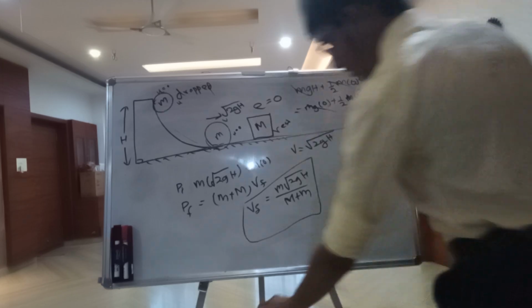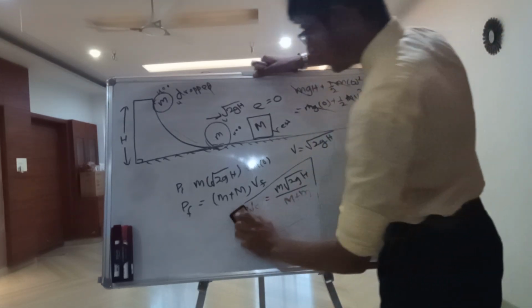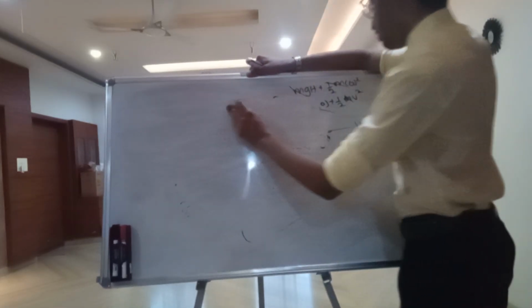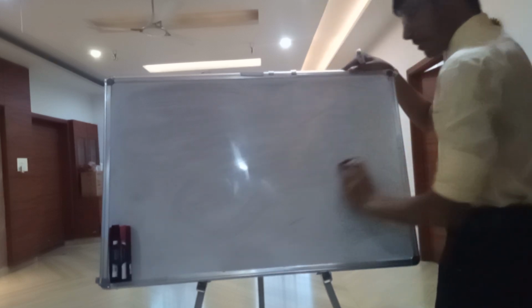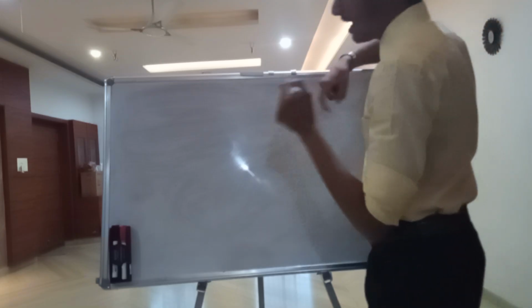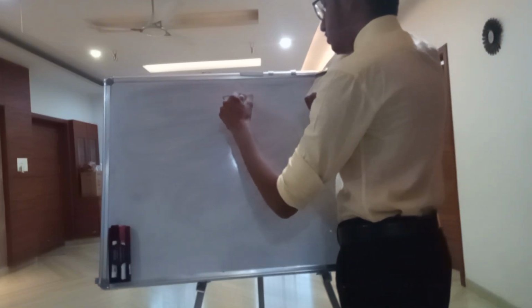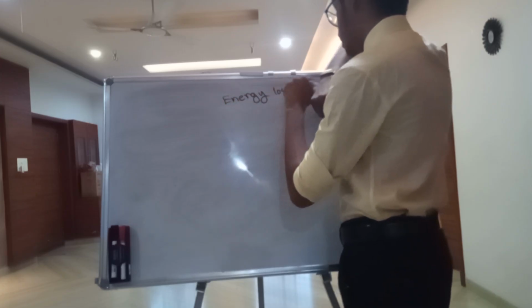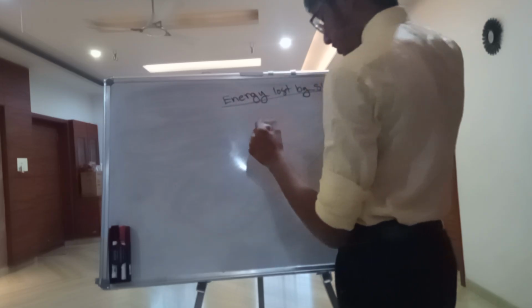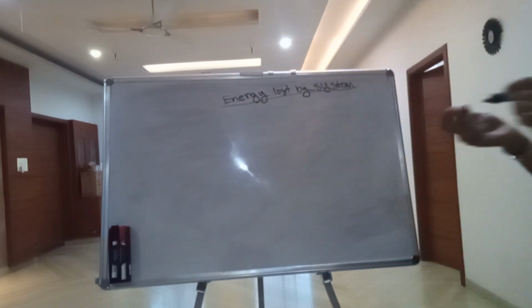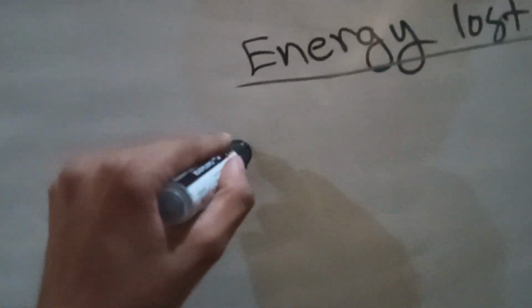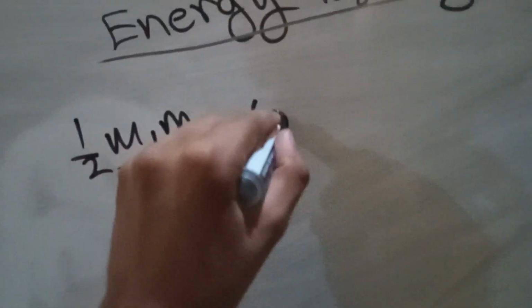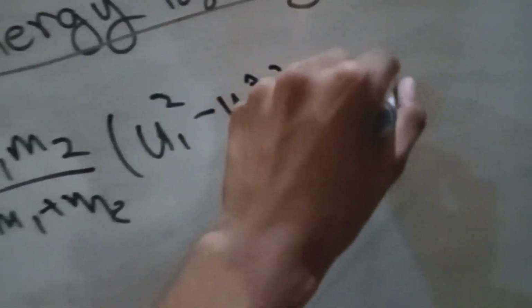With this, one more concept is there. Just remember that formula and write it. The energy lost by the system, or the change in energy, we can write as half m1 m2 by m1 plus m2, into u1 minus u2 whole square, into 1 minus e square.